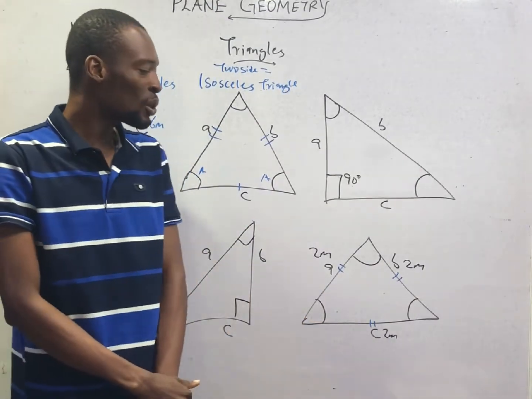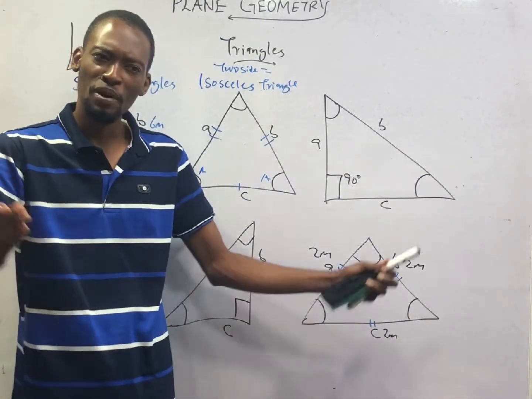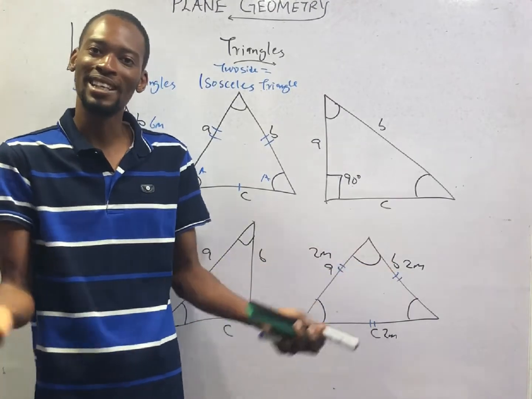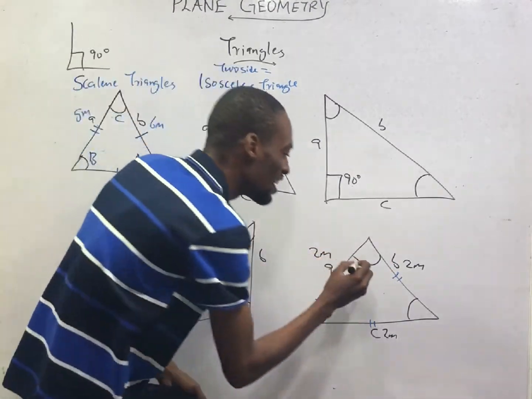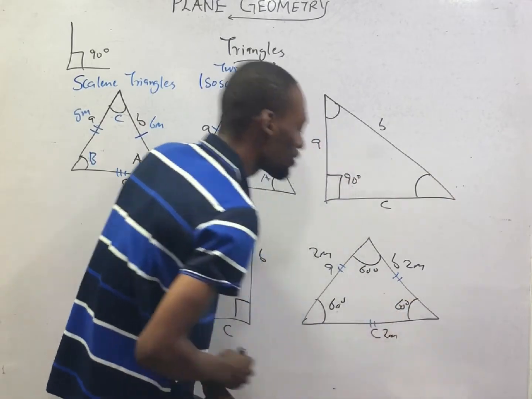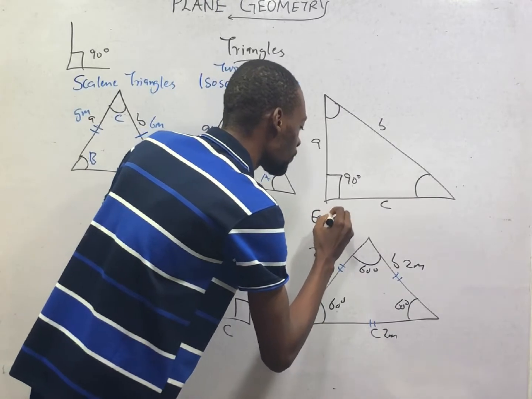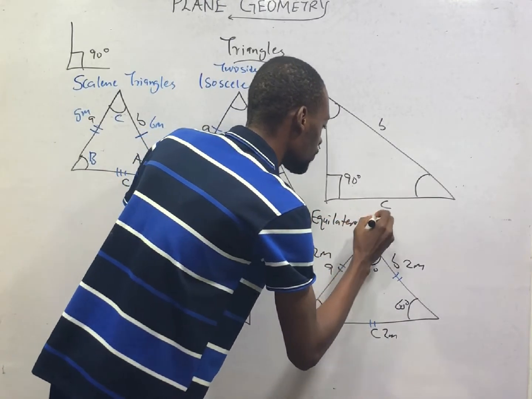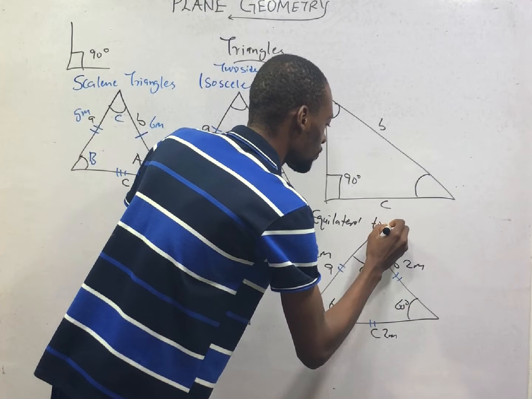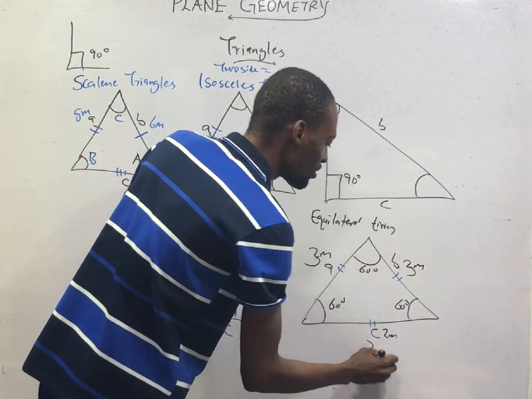So if we have three angles in a triangle, and the three angles are equal, and the sum of angles in a triangle is 180 degrees, it simply means here is 60 degrees, here is 60 degrees, and here is 60 degrees. This type of triangle is referred to as an equilateral triangle. So if here is 3 meters, here is 3 meters, and here is 3 meters.